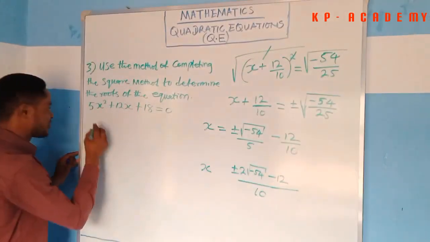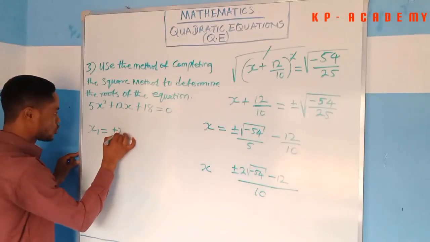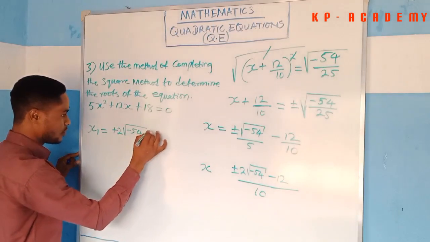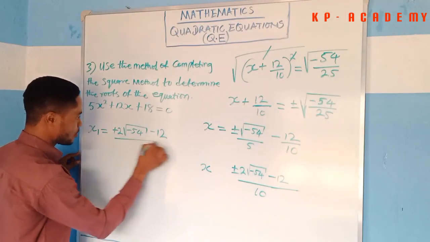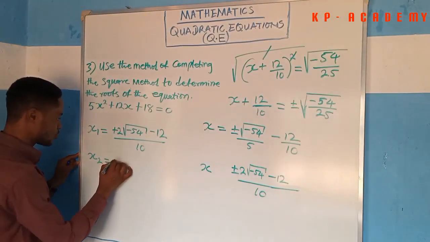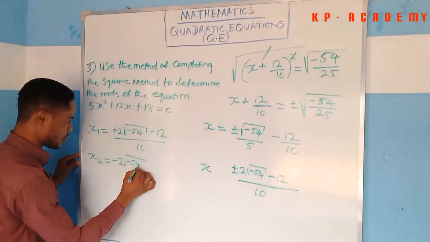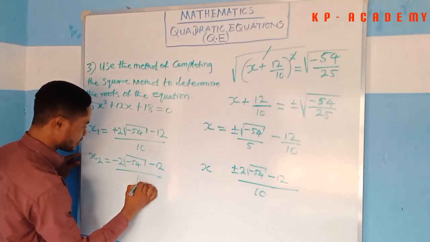Okay, so I can now have that x1 is equal to plus 2 square root of minus 54 minus 12 all over 10, and x2 is equal to minus 2 root minus 54 minus 12 all over 10.